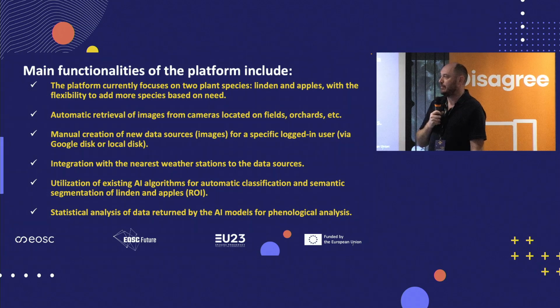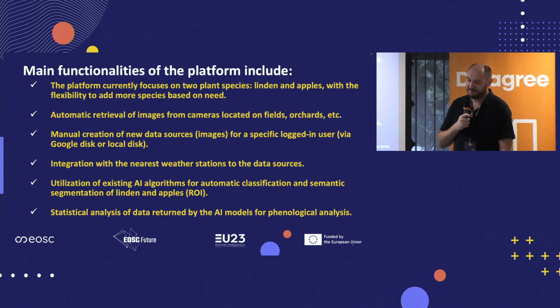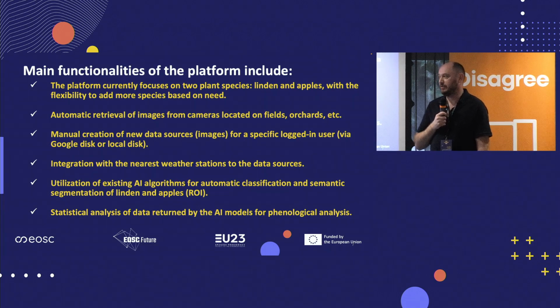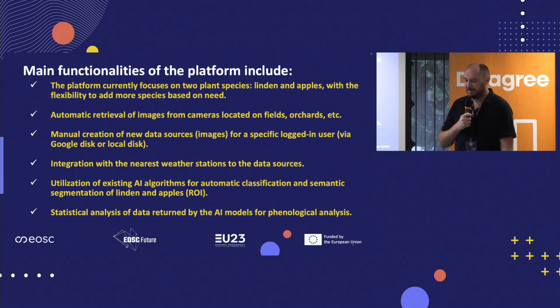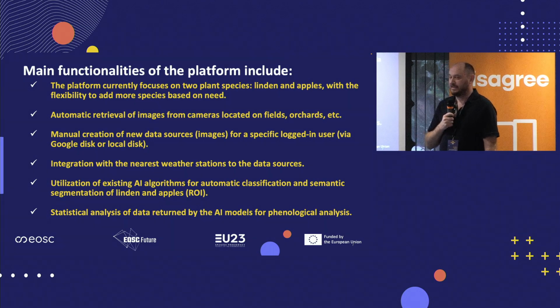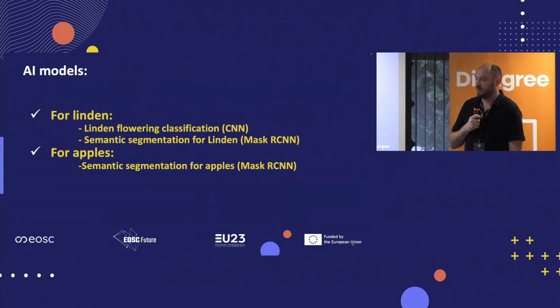We can apply to the web application some already prepared AI algorithms. Then when we get our results from the AI, we can do statistical analysis and create charts based on the results of the AI models.